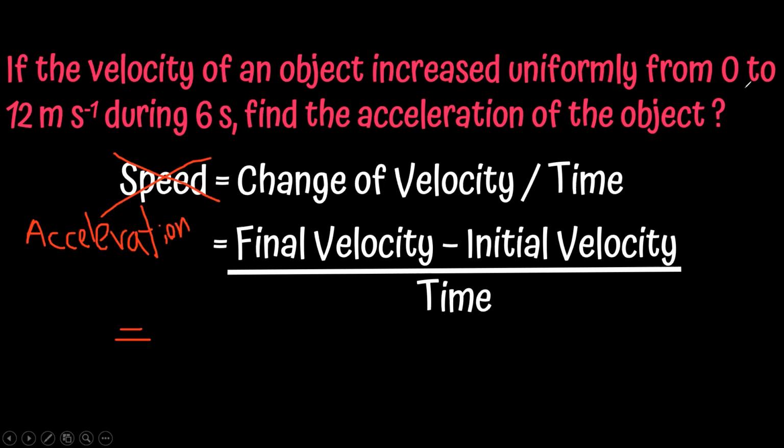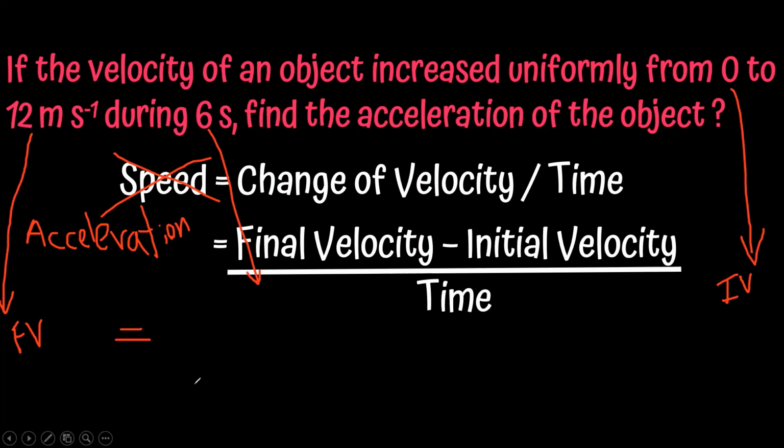The initial velocity is 0. The object increases uniformly from, meaning starting from, the initial velocity, to 12 ms^-1, so this is the final velocity. The time duration is 6 seconds. Then we have all the requirements.